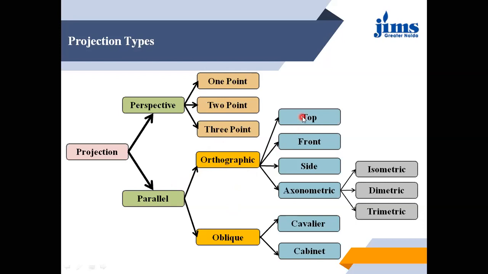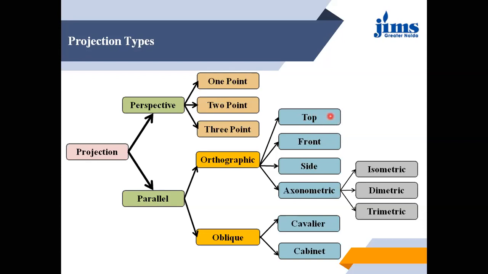In orthographic projection, we saw the top, front, side and axonometric projection. In the top view, we can see the top of a house or the top of an object, and that will look like it is only in two planes, that is x and y, not in the z direction.